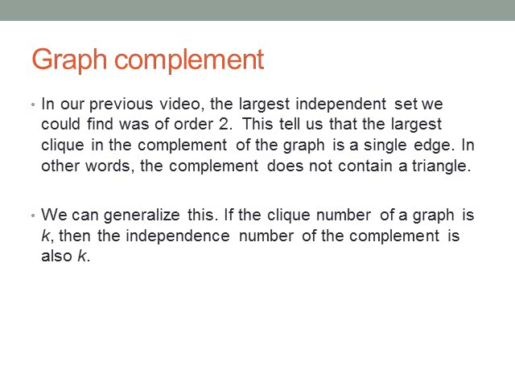For example, if we know that the largest independent set is of order 2 in a given graph, this will tell us that in the complement, the largest clique is also 2. And in fact, we can generalize this: if the clique number of the graph is k, then the independence number of the complement is also k.